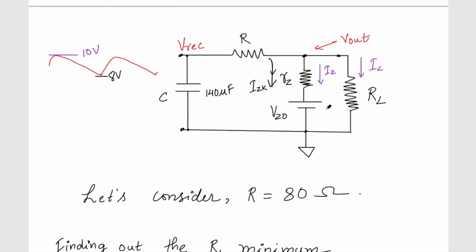Now, to find the minimum RL, we are considering that the Zener should be in breakdown. If you see the rectified waveform, the Zener will always break down when the voltage is higher, but it can stop breaking down only when the voltage is lower.